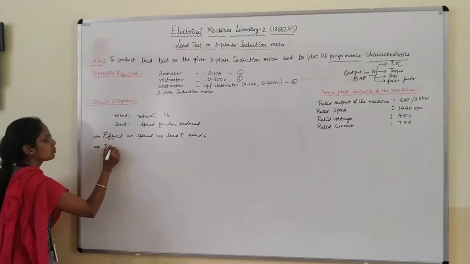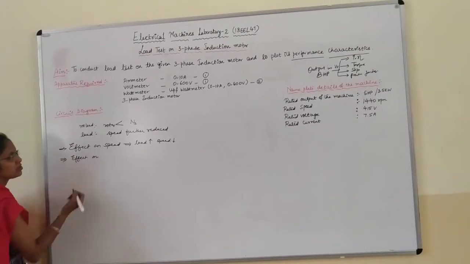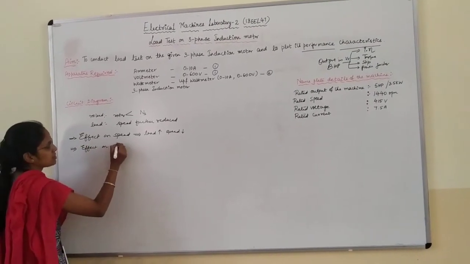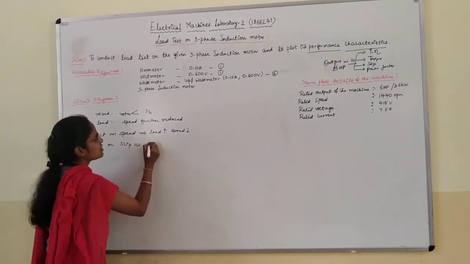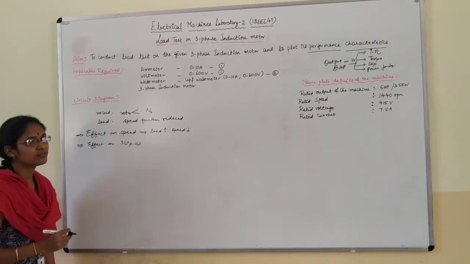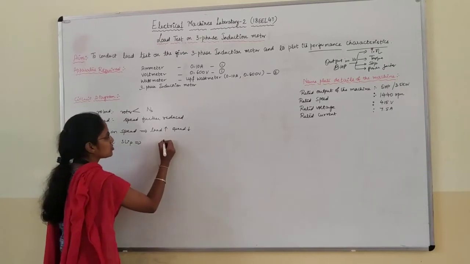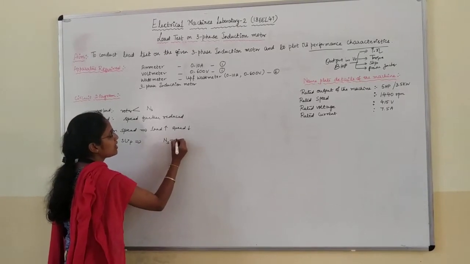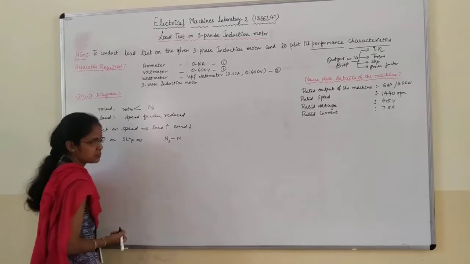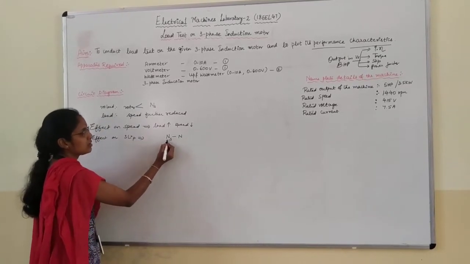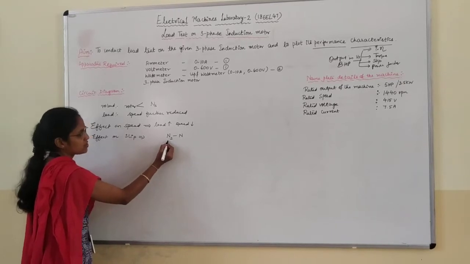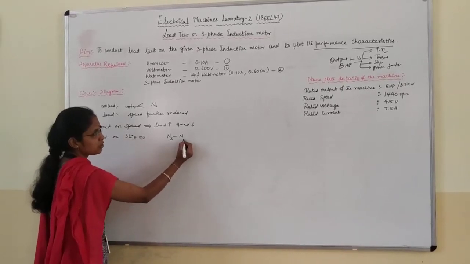Similarly, we can also find out the effect on the slip. How do we define slip? Slip is the relative difference between two speeds, that is the synchronous speed and the rotor speed. The synchronous speed is the speed of the RMF, and the other is the speed of the rotor.